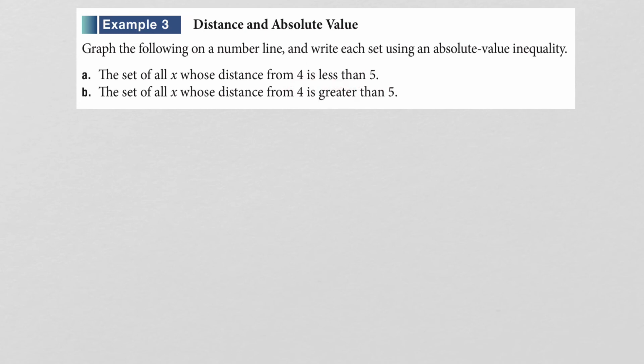Okay, so let's draw a number line. We have the number 4 here, and we want to draw all the numbers x whose distance from this number 4 is less than 5. So if you go 5 units to the right, that's going to take us to the number 9.